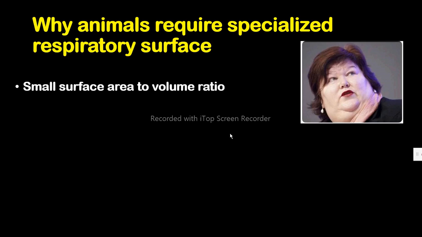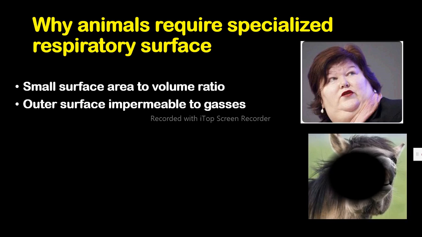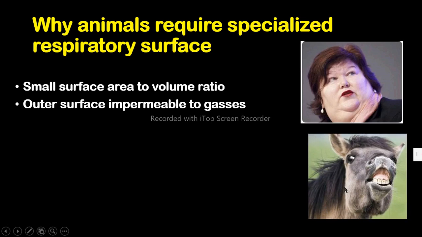So that is one. Another one, the outer surface is impermeable to gases. Our skins are covered by, you can see some animals, the skin is covered by fur, like I told you.